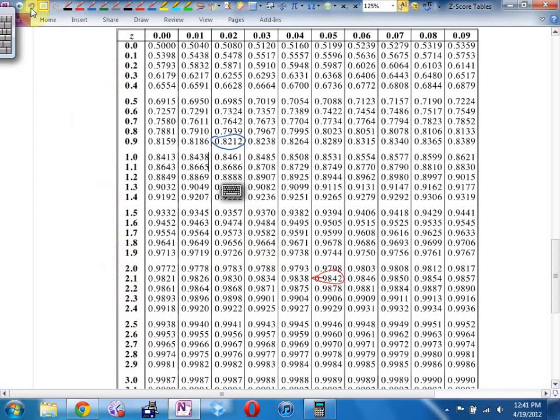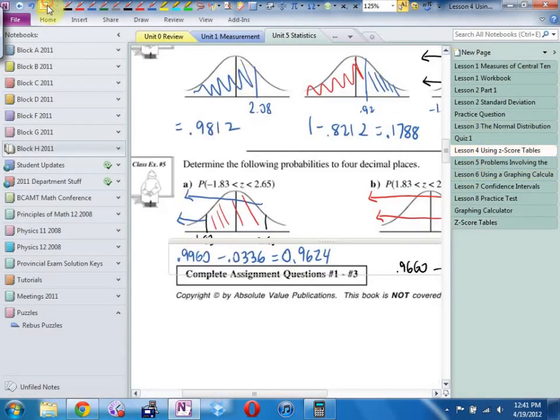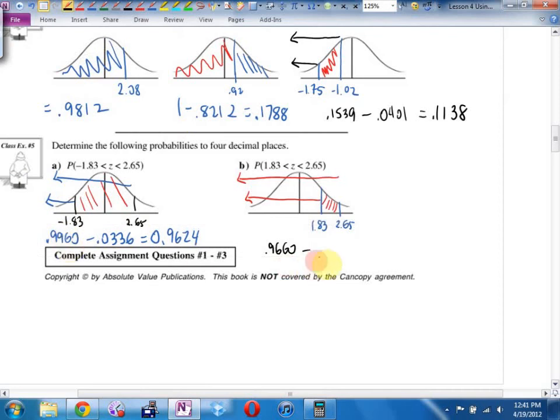What did you guys tell me 2.65 was? What's 1.83? 0.9664. Oh, I wrote this down wrong. No wonder I was confused. That's a 9, not a 6. I was going, how am I getting a smaller area to the left? That can't be right.